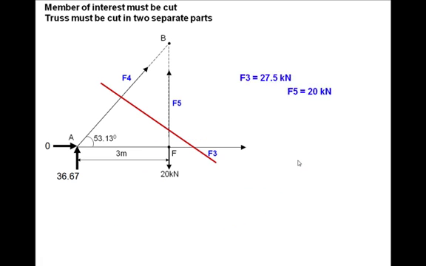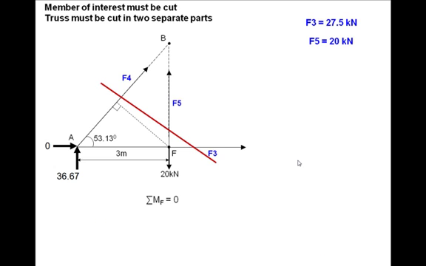Then I would do a small construction, that is, drop a perpendicular from F onto F4, and then take moment about that point. I take a moment about F. Now what happens? F5 and F3 are passing through it. So I straight away get F4 into the perpendicular distance, which is 3 sine 53.13, minus 36.67 into 3, and that is equal to 0, and I get my F4.